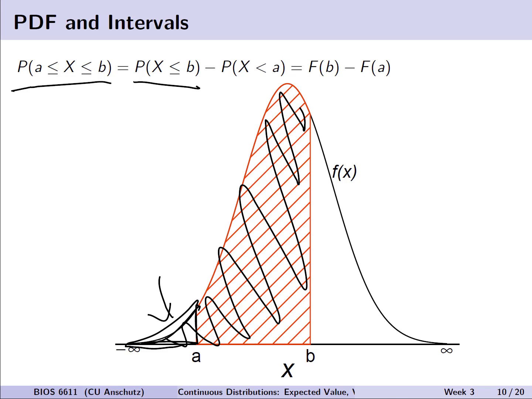This equivalently can be thought of as the CDF values of our capital F of b or capital F of a at the location of b or a, which we'll see on the following slide.